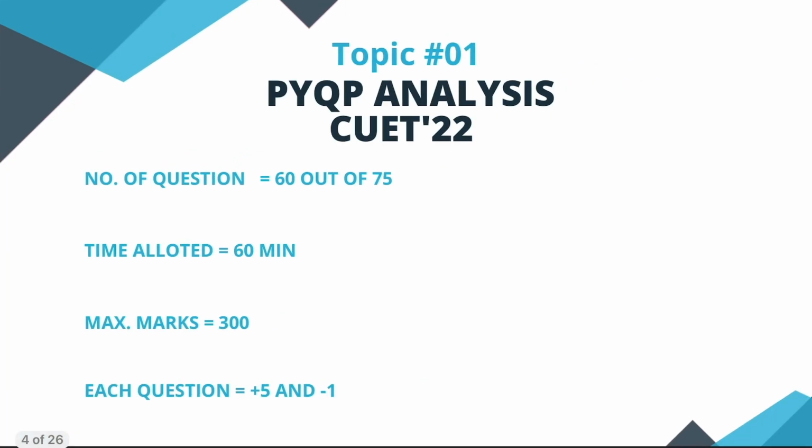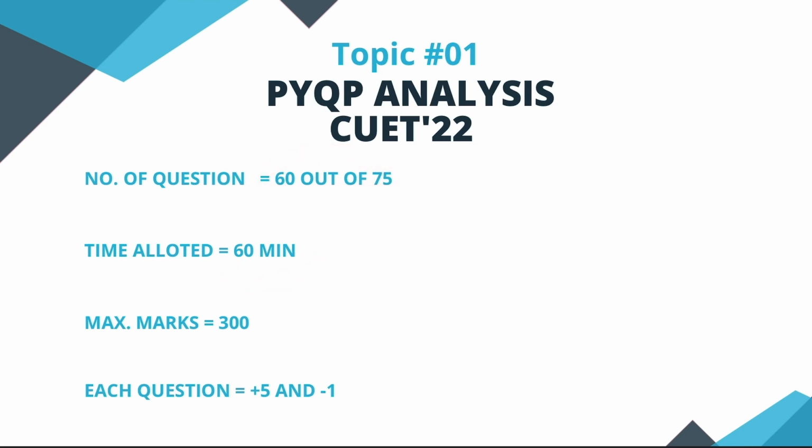Let's move ahead. Before coming to the syllabus and the pattern of CUET 2023, let me give you an intro about CUET 2022, so that after this we can comparatively analyze both the CUET 2023 and 2022 papers. In CUET 2022, we had to do 60 questions out of 75, and the time allocated was 60 minutes.